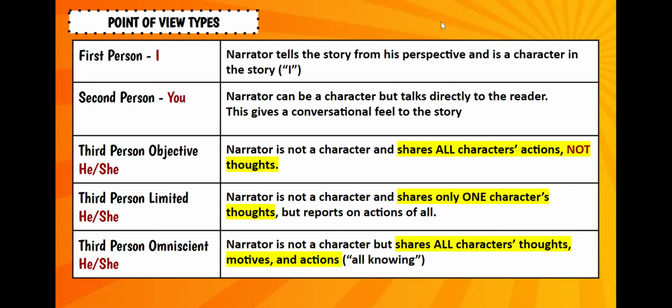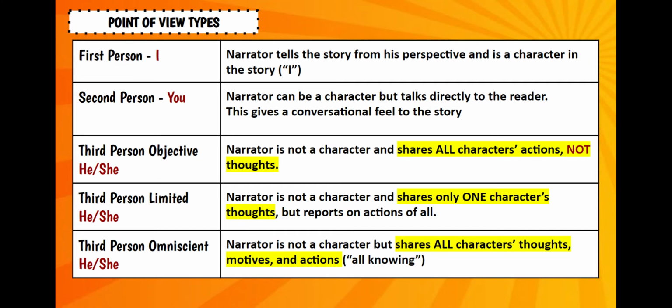So, a quick review on point of view types. First person is when the narrator tells the story from his or her perspective and is also a character in the story. And you will always see the pronouns I, am, and we in that point of view.